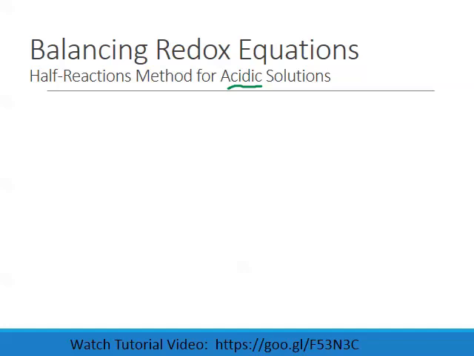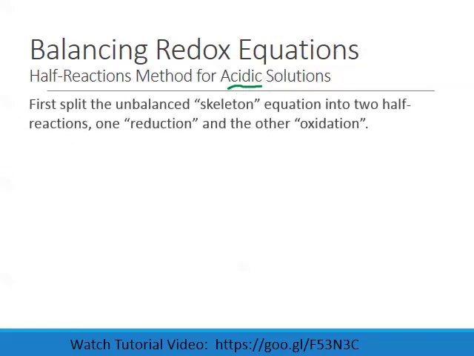Copy down these steps, and it's important to do them in order. You'll usually be given a skeleton equation. It's called a skeleton equation because it'll be missing some things. It'll be missing a reactant or a product, and we're going to be fixing that as we go through the steps. We're going to split that equation into two half reactions.